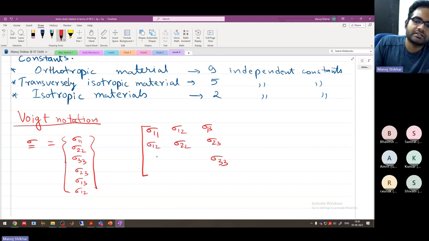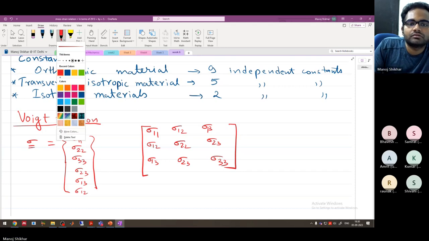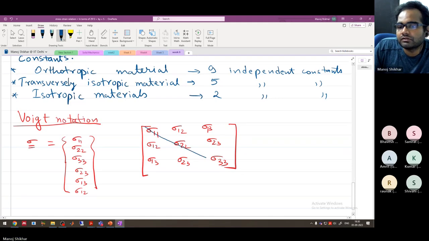There are actually various kinds of Voigt notation being followed, and to avoid confusion, just remember this direction, which we will follow in this course.